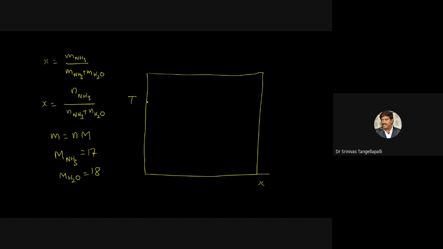If I take x equal to 0 and x equal to 1, what is the meaning of x equal to 0? This is completely NH3. X equal to 1 means it is completely H2O.